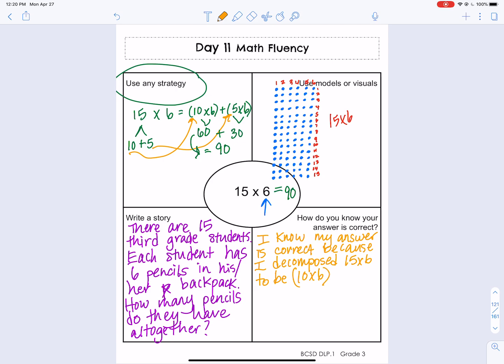Don't forget your parentheses. Plus 5 times 6, which equals 60 plus 30 equals 90. Whoa, what happened there? Let me erase that. Okay, something like that. You're just describing in words what you did.